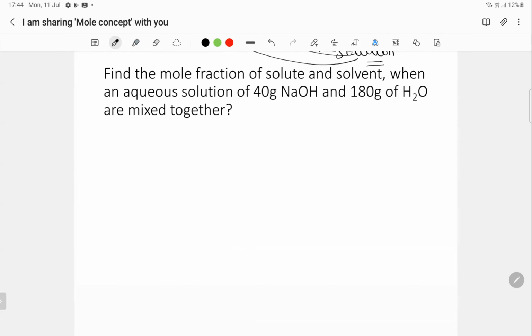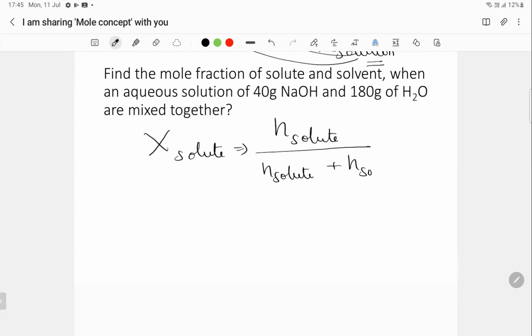What is the formula? Mole fraction of the solute is equal to number of moles of solute divided by number of moles of solute plus number of moles of solvent. This is the formula, right? Now apply it. Let me see who's the first online student answering this question. So number of moles is given mass divided by molar mass.